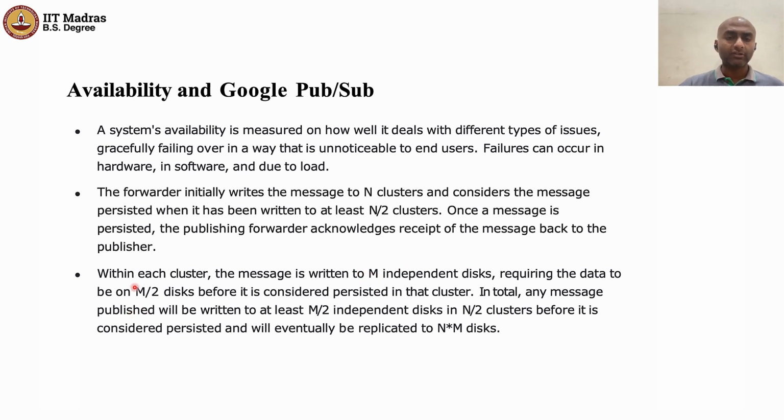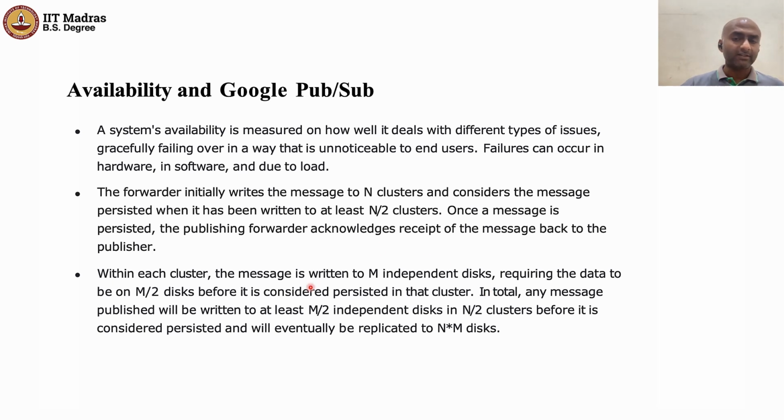Then at least a simple majority has to be written to within each of those clusters. Which means at least a simple majority of disks in at least a simple majority of the clusters need to be written to before the message is deemed persisted or available for downstream consumers to consume. So that's when the publisher gets the acknowledgement.